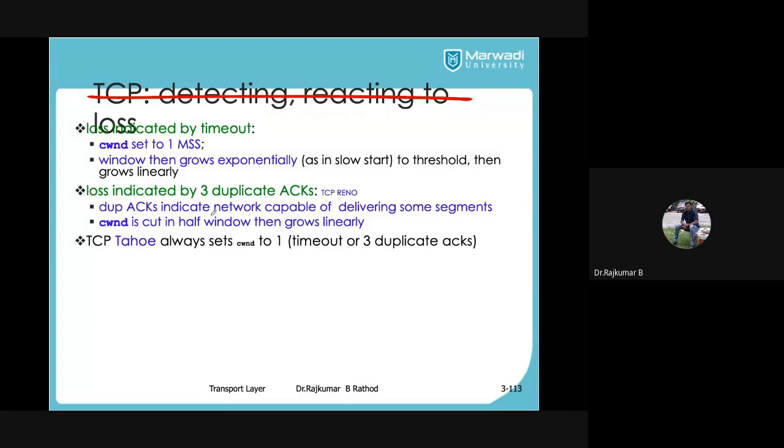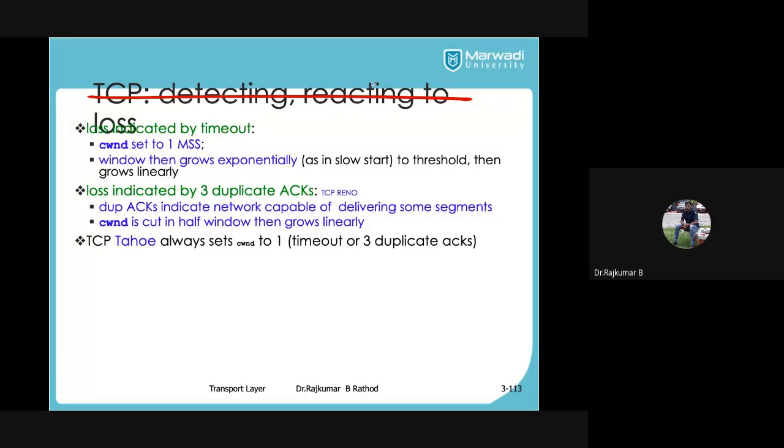The duplicate acknowledgement indicates the network is capable of delivering only some segments, that means there is a packet loss. So the congestion window size is cut in half. जैसे segment 16 को पहुंच गया, एक भी loss हुआ तो 8 को आ गया, ठीक है? So that is the solution.